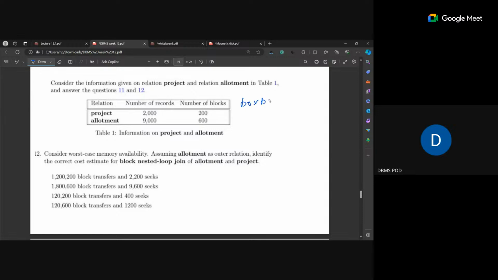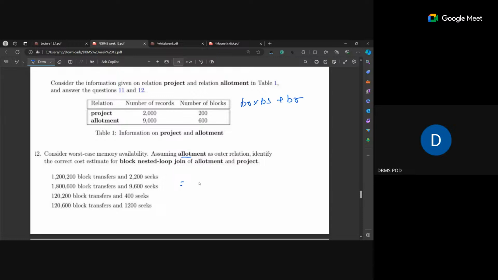BR into BS plus BR. Okay, so what is the BR? Number of blocks in the outer relation, assignment, is 600.